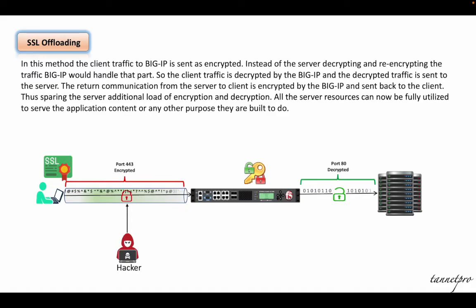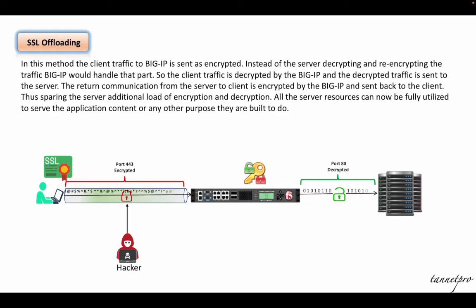It can handle this much traffic, it can run all the algorithms, and only this portion needs to be secured, but the rest of the communication path is your internal zone, right? So that's it: if you have a low-end server, if your server is not capable of handling SSL traffic, in that case you configure this.